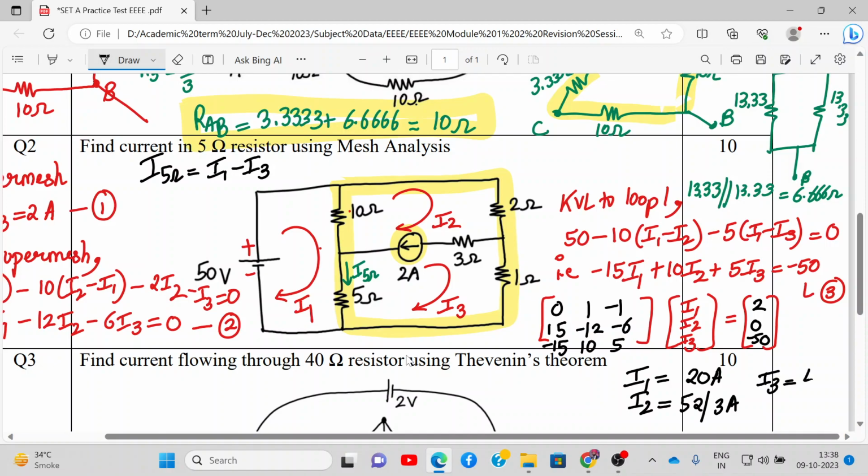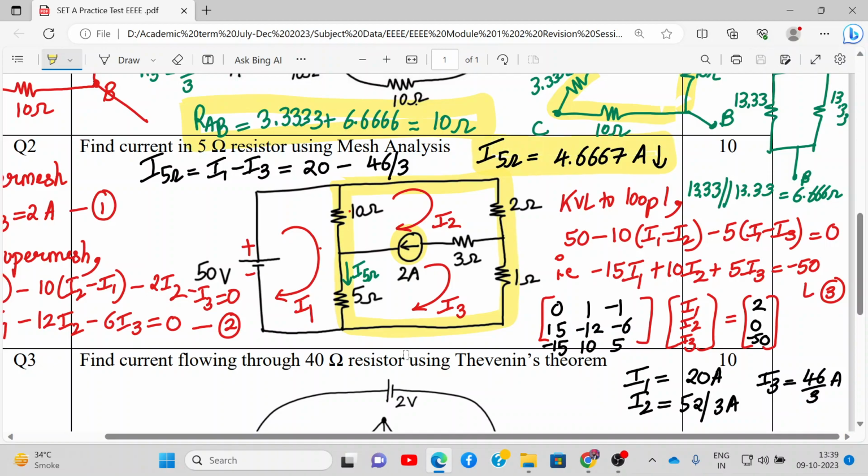And I3 is coming out to be 46 by 3 amperes. So the current through the 5 ohm resistance will be 20 amperes minus 46 by 3. If you solve it, you will get 4.6667 amperes, and the direction is flowing down. So this is my value of current through the 5 ohm resistance using mesh analysis.